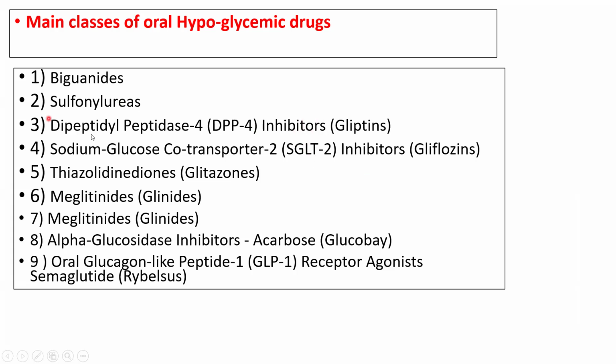Don't go for the long names, not necessary, even in practice, and nobody will ask you. But DPP4, yes, you must remember. DPP4 inhibitors are the gliptins. SGLT2 inhibitors are the gliflozins.